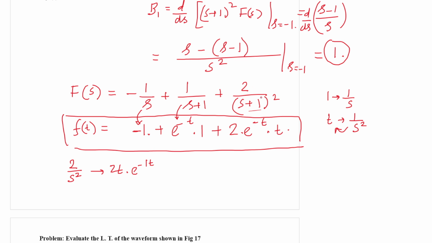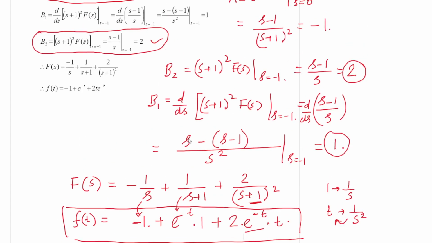In this case, 2 by s square in the frequency domain has the inverse Laplace transform 2t. From that property we understand that s is shifted by 1 unit, so it must reflect in a multiplication in the time domain, multiplied by the factor e to the power minus t into t.